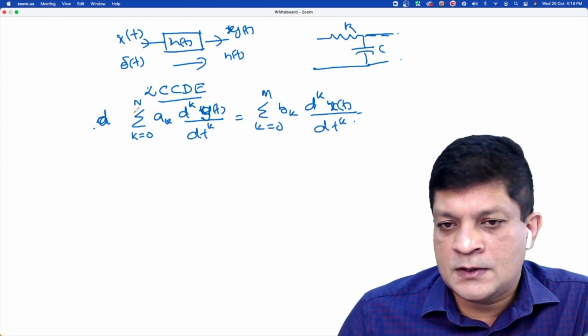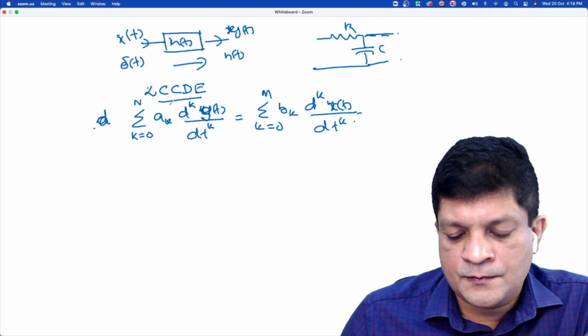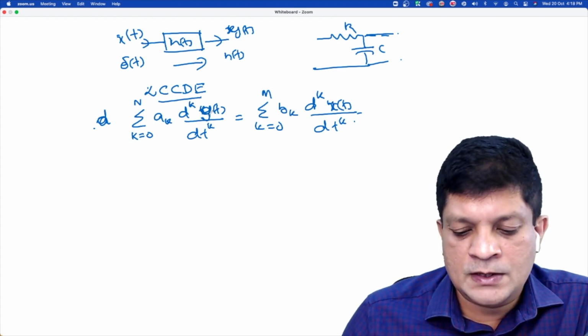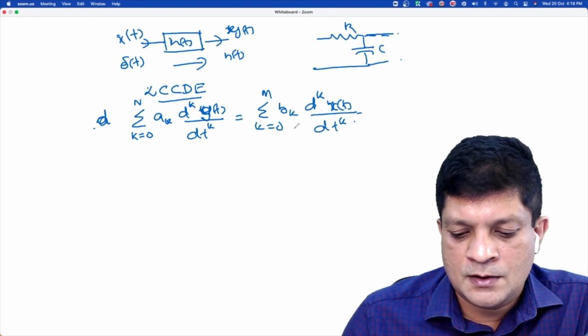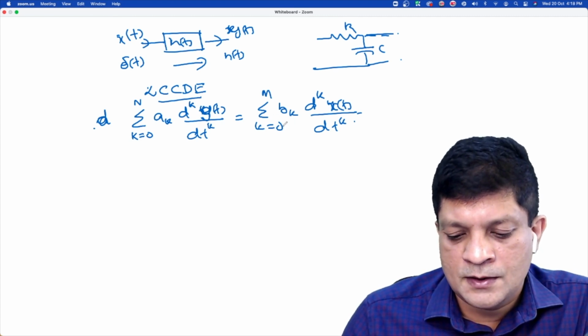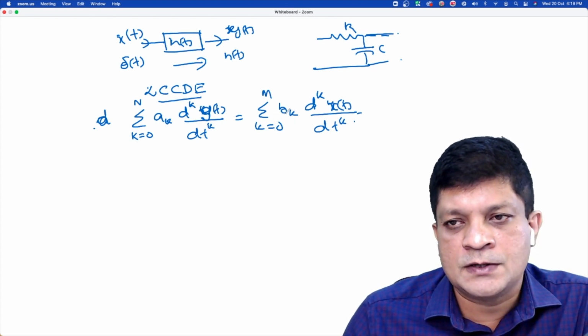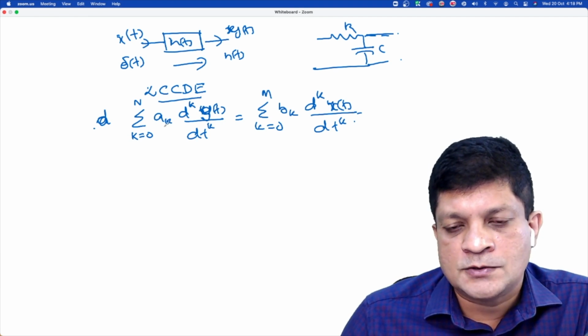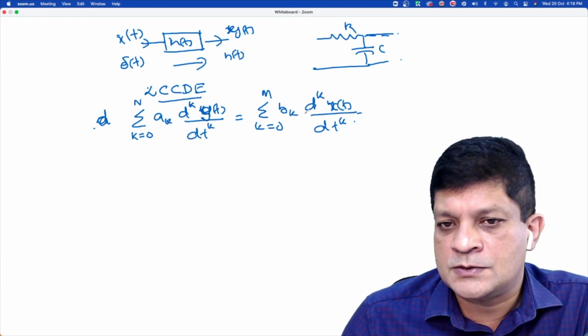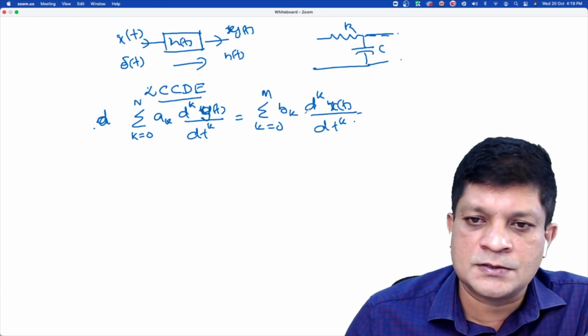On the left hand side, we have the linear combination of derivatives of the output signal, and on the right hand side, the linear combination of the derivatives of the input signal.